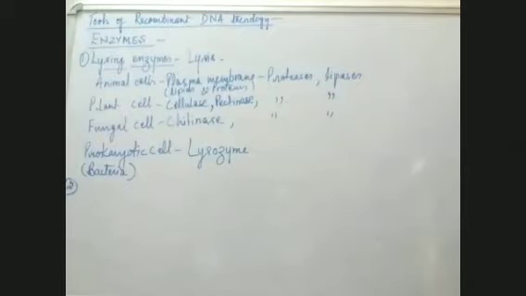So I'll take endonucleases at last, which is also an enzyme required for recombinant DNA technology. Right now, I'll take alkaline phosphatase.